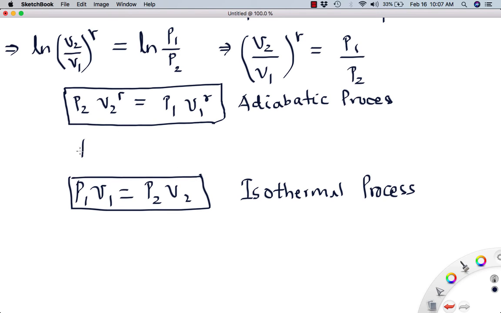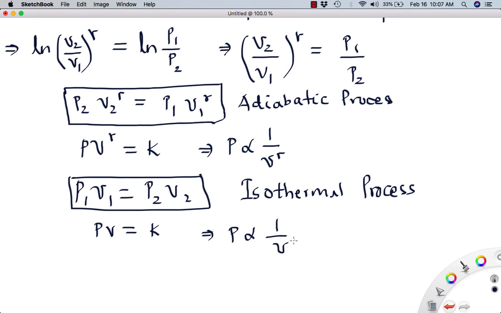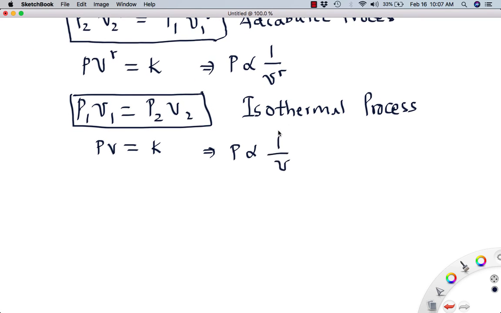Here we have PV is constant. So this means here pressure is inversely proportional to V gamma. Here pressure is inversely proportional to V. Okay, so because gamma is usually greater than 1, that means the pressure decreases more rapidly in adiabatic process than in isothermal process.